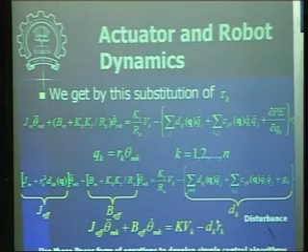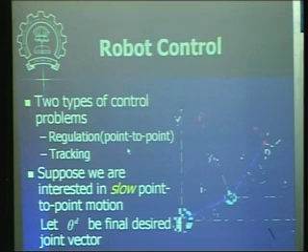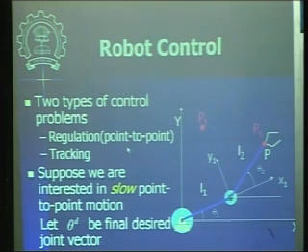Okay. So now let us see first a couple of control strategies which are very simple, very intuitive, heuristic kind of control strategies, okay. So actually we have two types of problems in all the robot manipulators. First is a regulation problem and second is a tracking problem. We have seen this before.